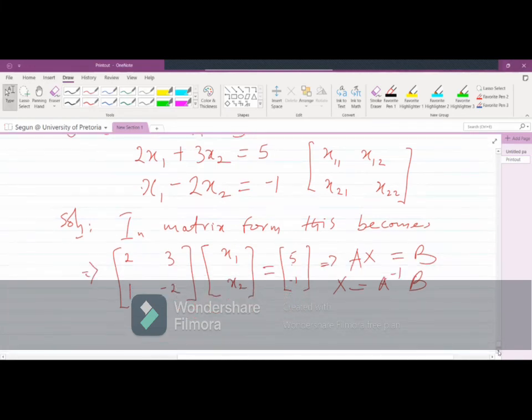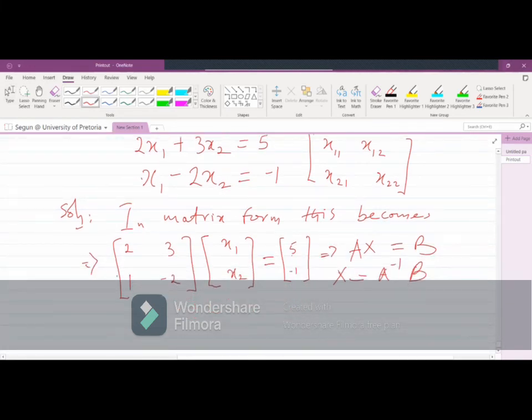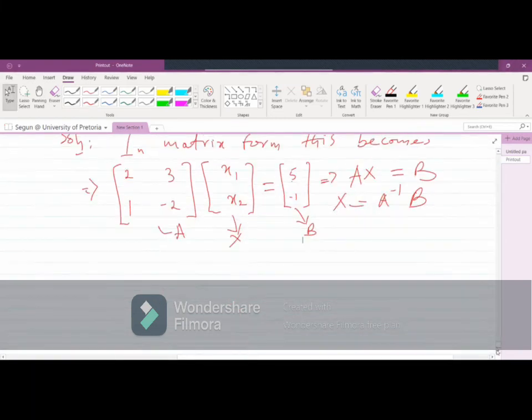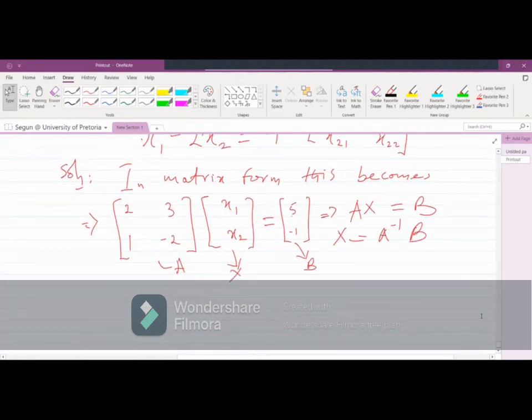The first matrix, 2, 3, 1, -2. This is A, this is X, and this is B.